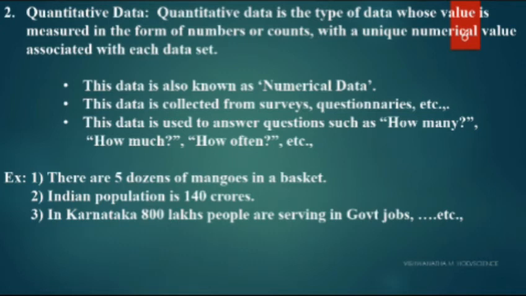So the Indian population is 140 crores. Notice that all of this represents quantities, so that's why it is called quantitative data. In Karnataka, 8 lakh people are serving in government jobs. These are all some of the examples of quantitative data.